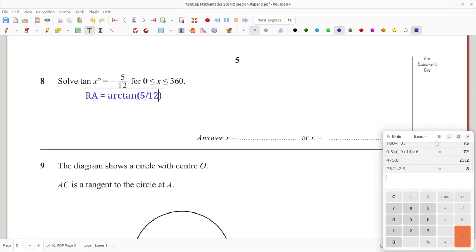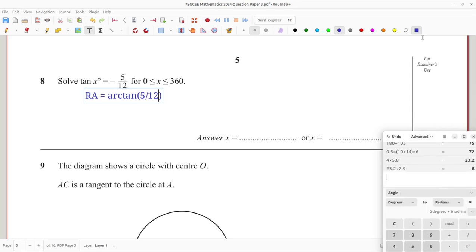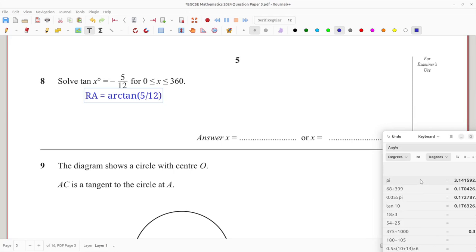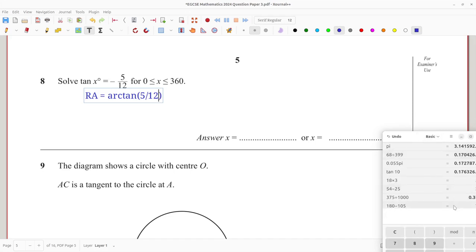Let's check from our calculator. Arctan 5/12. It says not defined.